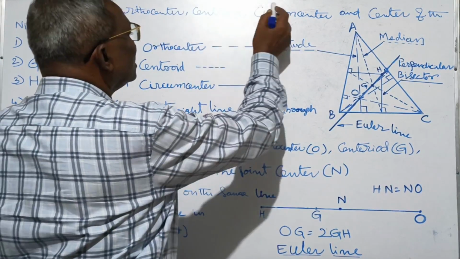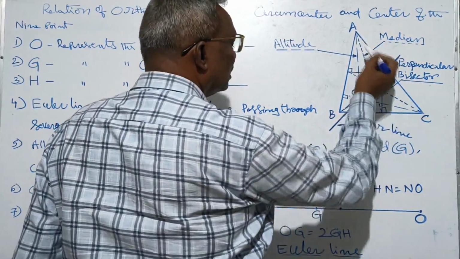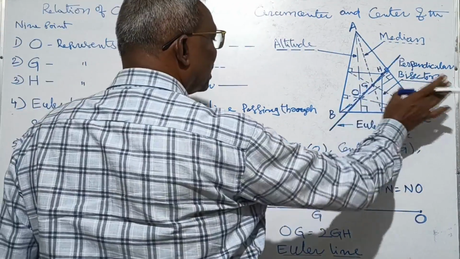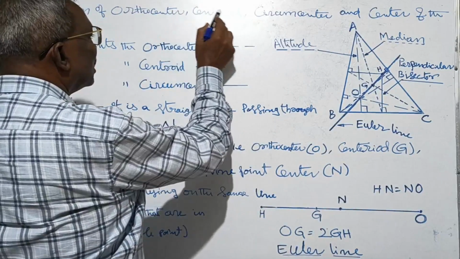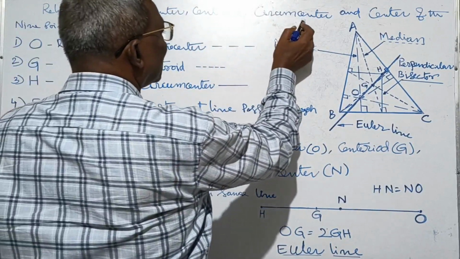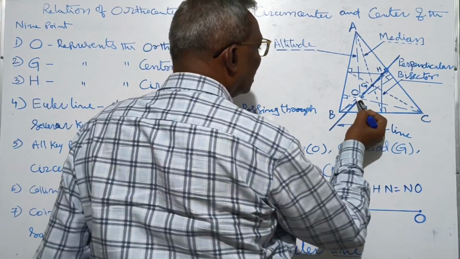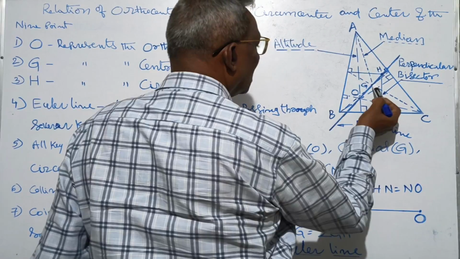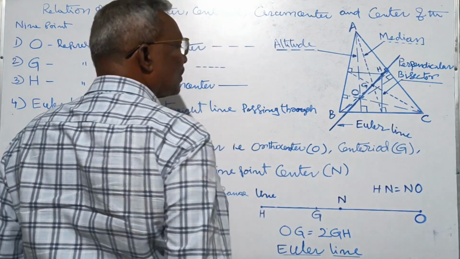Here, 3 concurrent points are mentioned in the triangle: number 1 is the orthocenter, number 2 is the centroid, number 3 is the circumcenter.